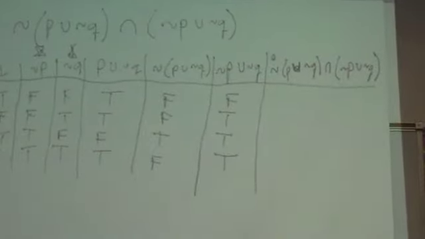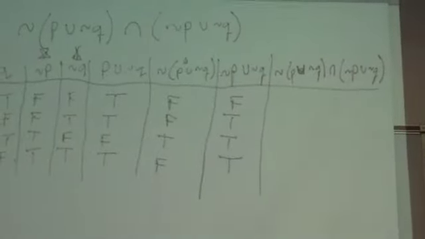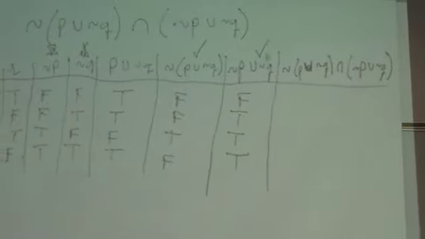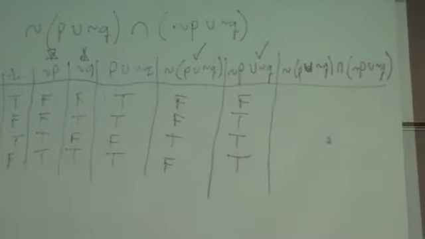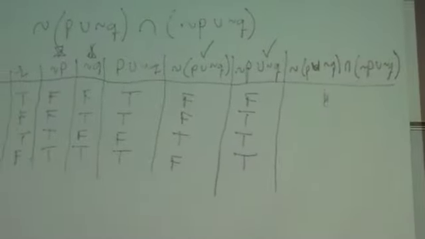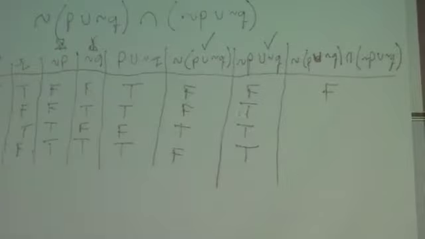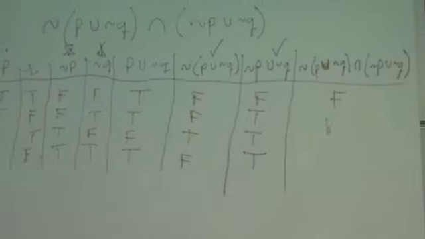Whole thing. Which means I need to take this column right here and combine it with this column right here with an and in the middle. False, false is false. Now an and in the middle, so false, true is false because it's and. True, true, true, and false, true, false. And there you go.